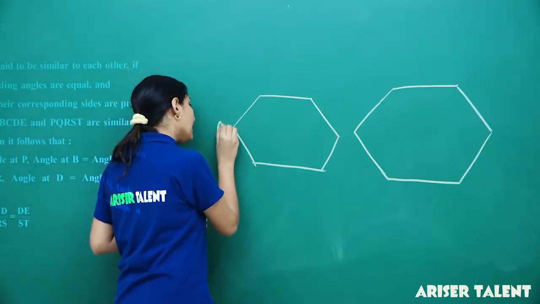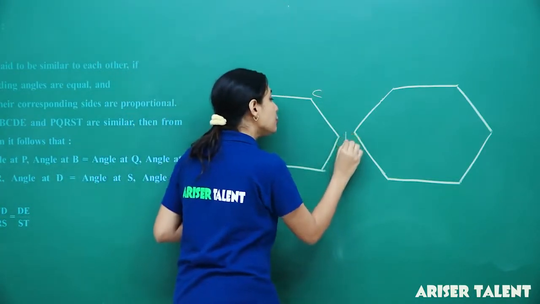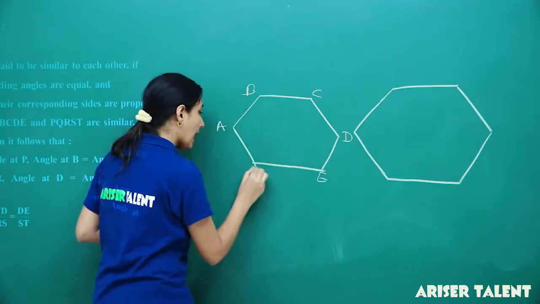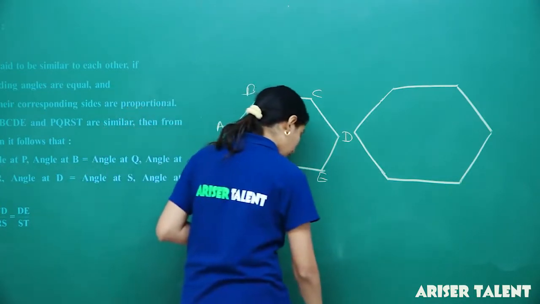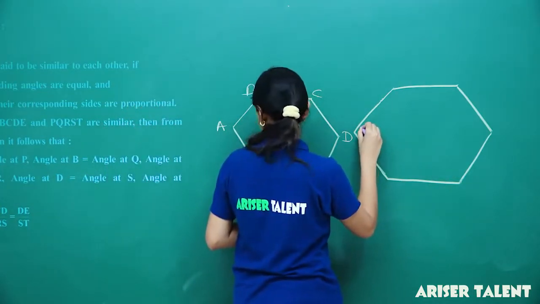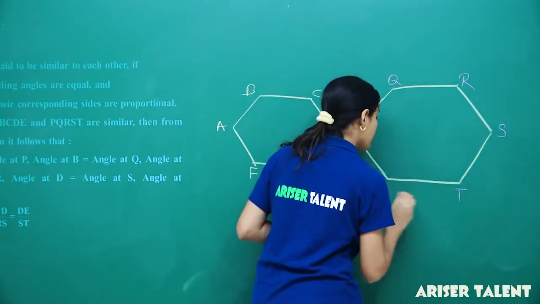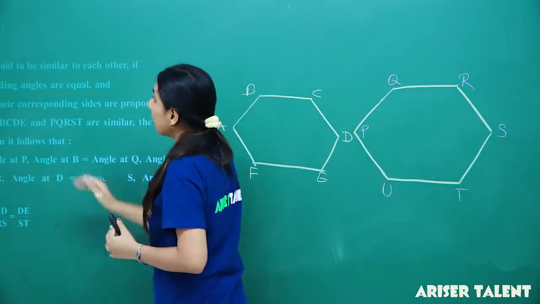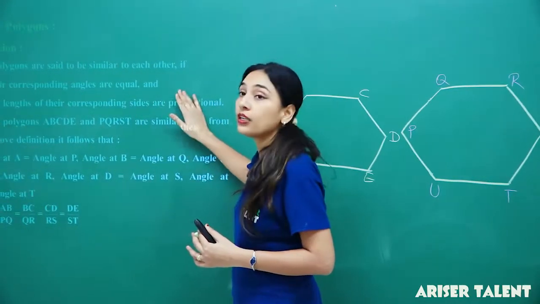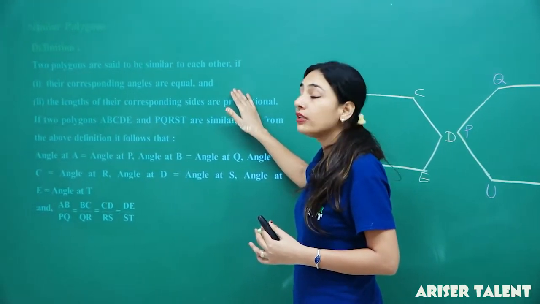I am naming it A, B, C, D, E, F, and I am naming the other P, Q, R, S, T, U. Now it's saying their corresponding angles are equal. What does that mean?